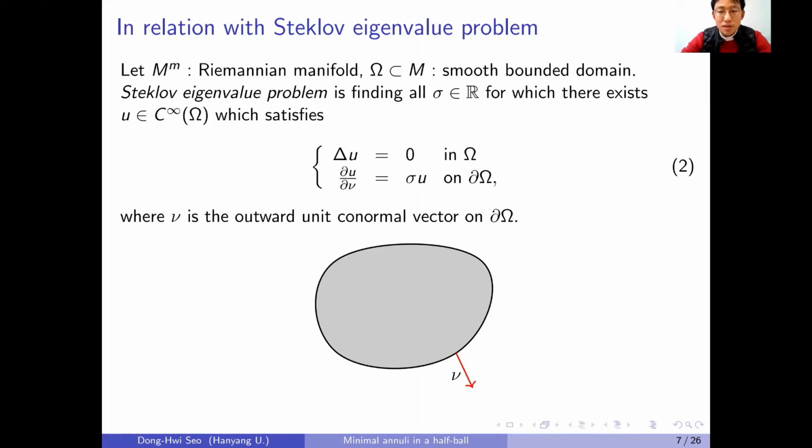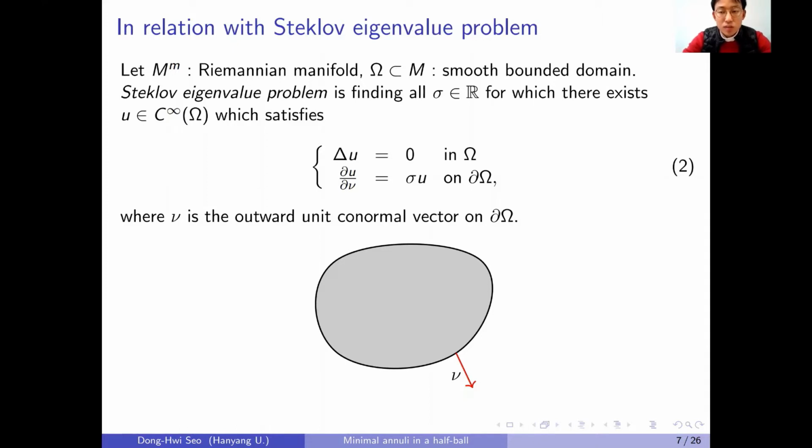If you consider an ambient manifold M and a smooth bounded domain omega, then the Steklov eigenvalue problem is finding a real number sigma and a smooth function u defined in omega such that the function is harmonic in the interior and the normal derivative of u with respect to the outward unit normal vector is proportional to u on the boundary.